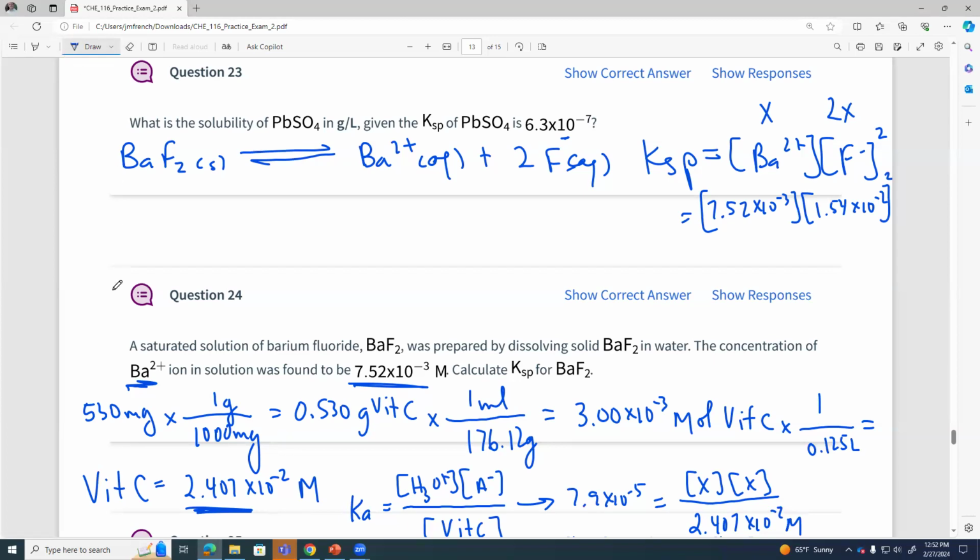We doubled this concentration because when this ionizes, for every 1 barium, we're going to get 2 fluorides. So we're going to have twice the concentration of fluoride. They gave us the concentration of barium from barium fluoride. The concentration of fluoride needs to be twice as much, because of how it ionizes. So we doubled that concentration. We still need to square it because in our KSP expression, it's still the concentration of fluoride squared.